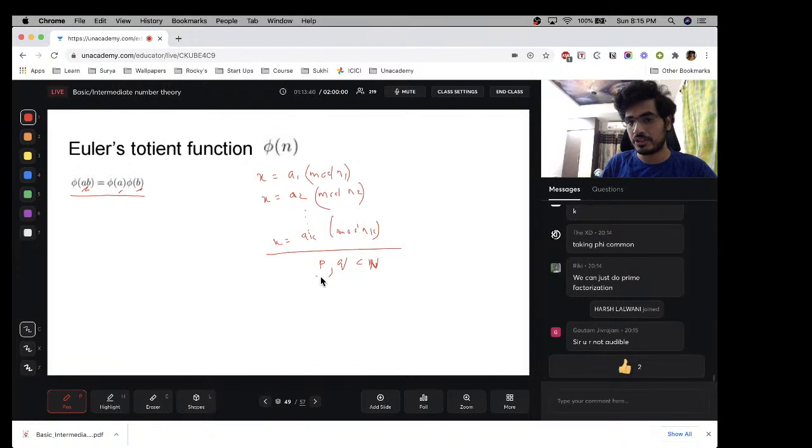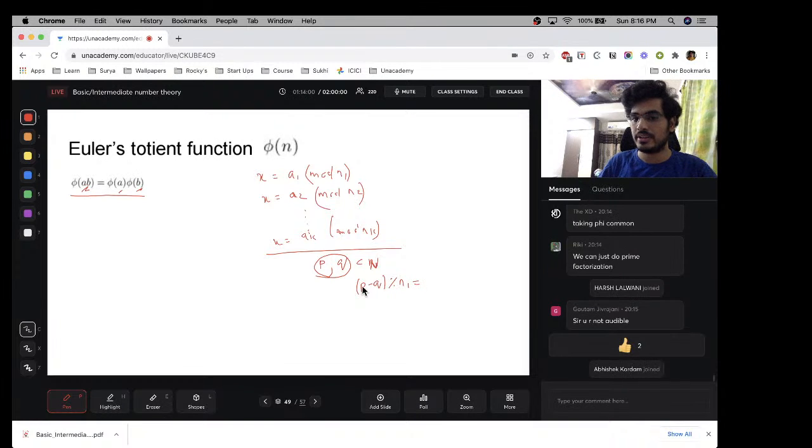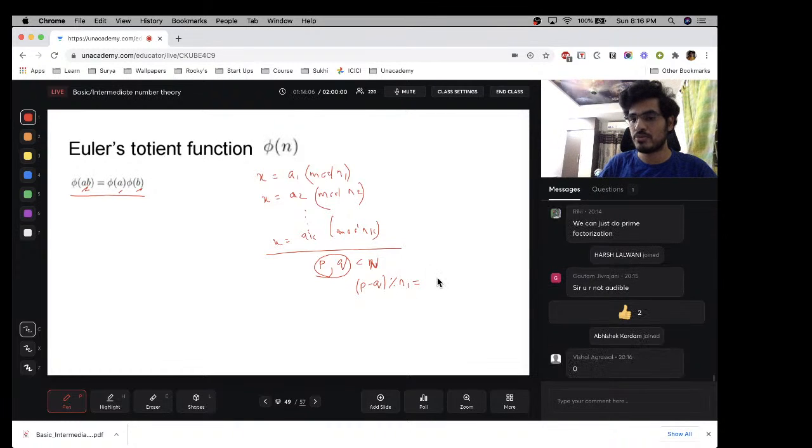If there exist two such p and q less than N, then p minus q mod n1 is equal to a1 minus a1, so p minus q mod n1 will be 0.